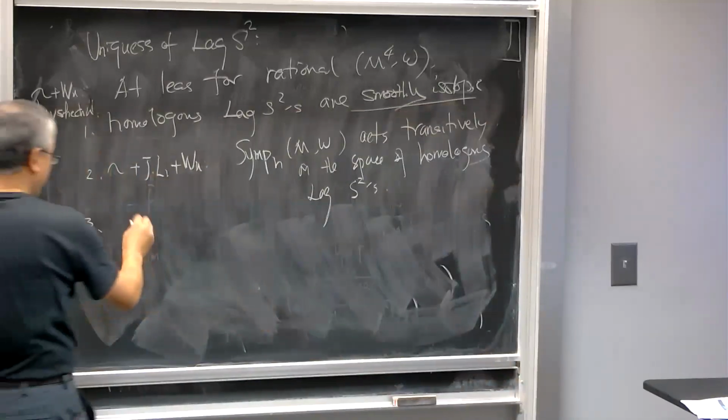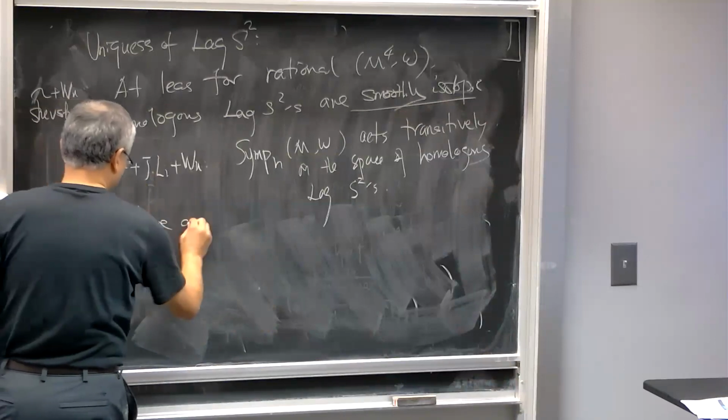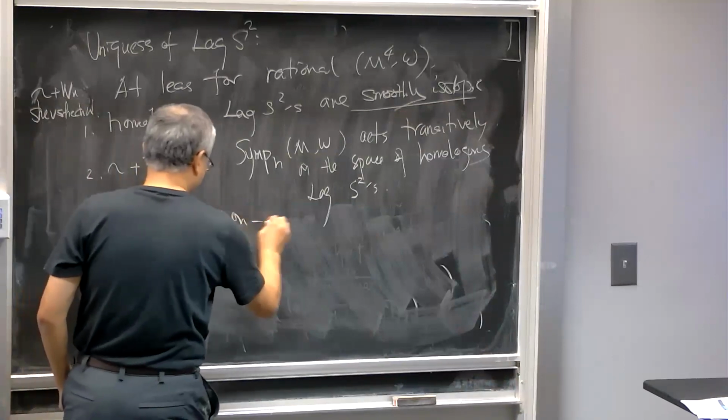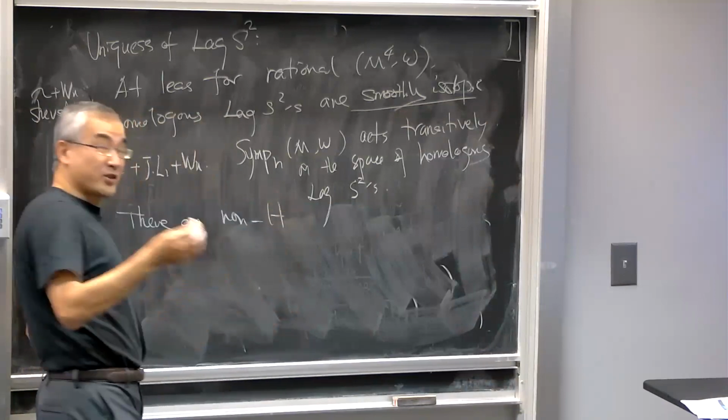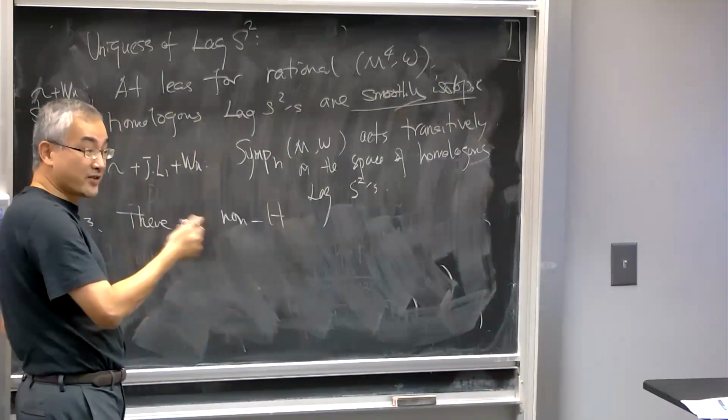But there are non-Hamiltonian ones. Here, Hamiltonian isotopic is the same as symplectic isotopic.